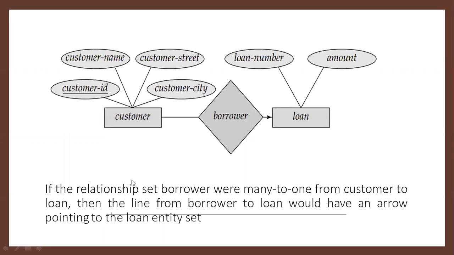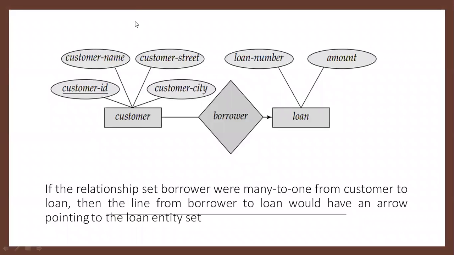You can see here, if the relationship set borrower were many to one from a customer to loan, then the line from the borrower to loan would have an arrow pointing to the loan entity set. It's exactly reverse of the first slide. So it was one to many, now it is many to one.